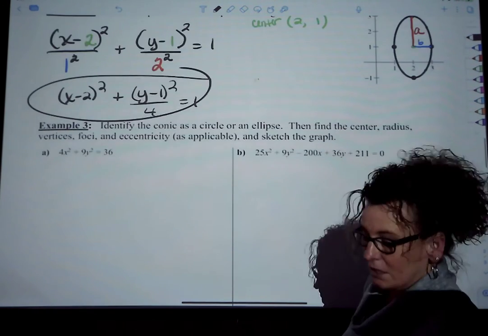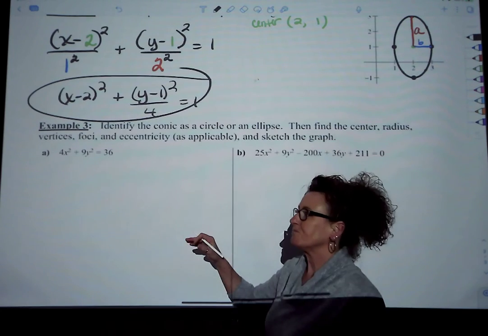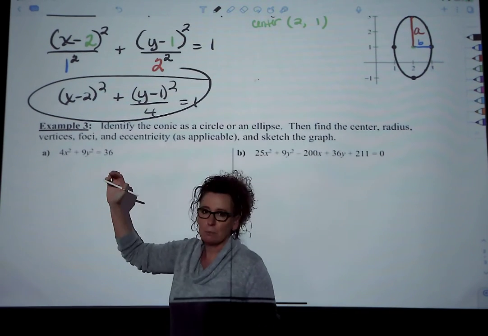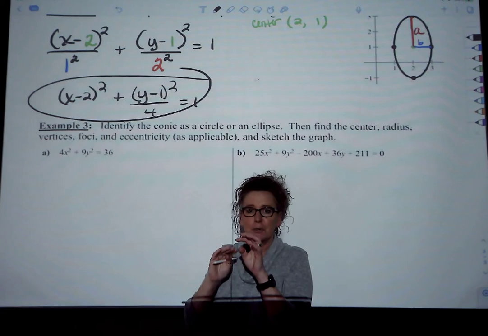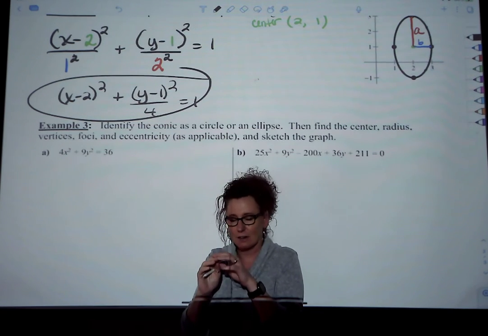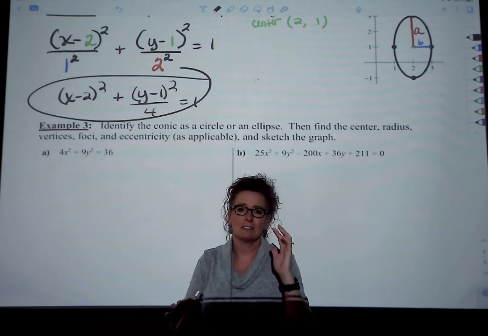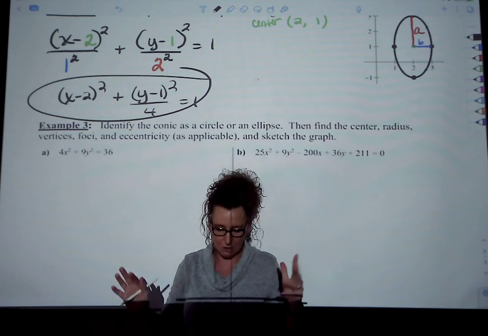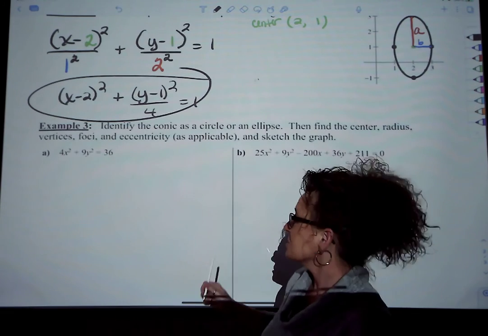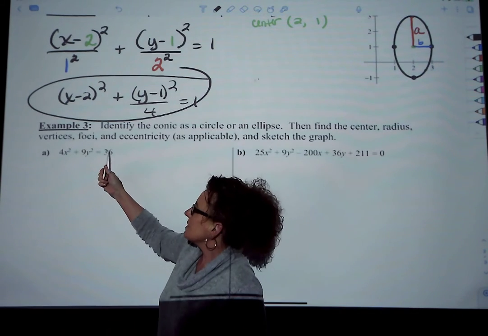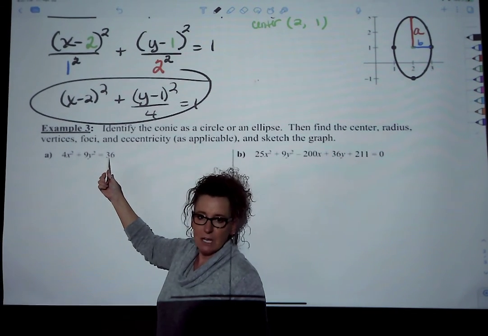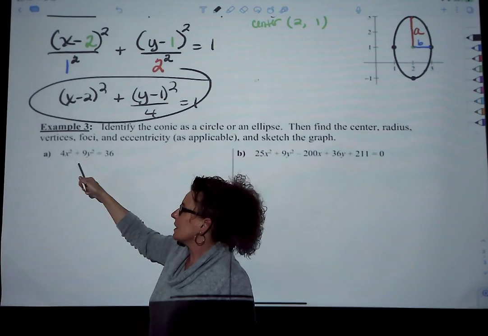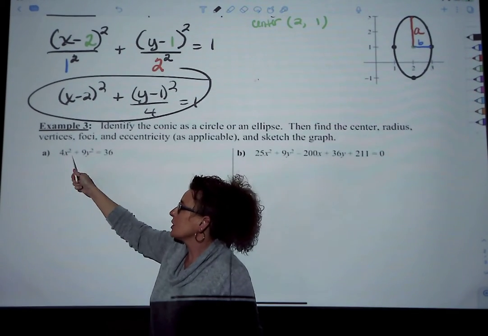Okay. Now, for these, they're in polynomial form, and we're going to have to get them to standard form. We need to turn them into fractions and figure out all that stuff. So the first thing I need to point out to you is this number should be a 1. So to turn this into a 1, I want to divide all 3 terms by 36.